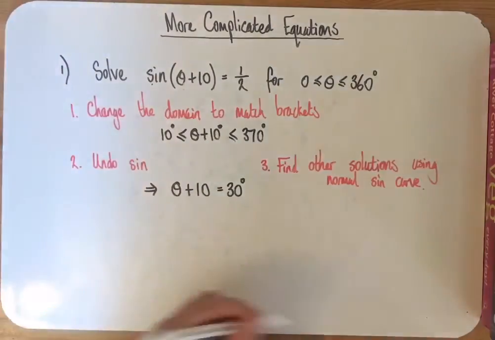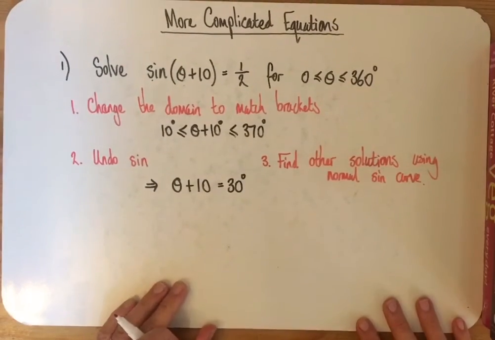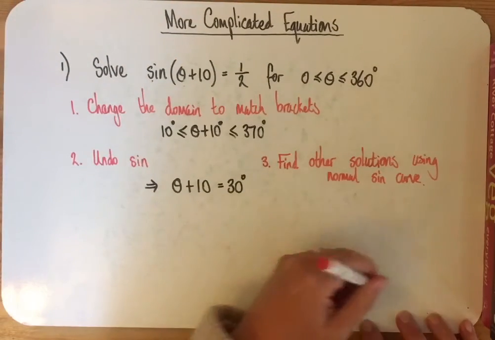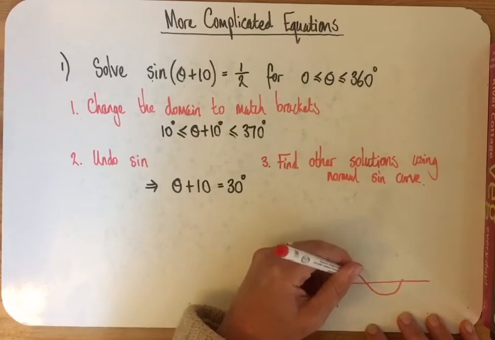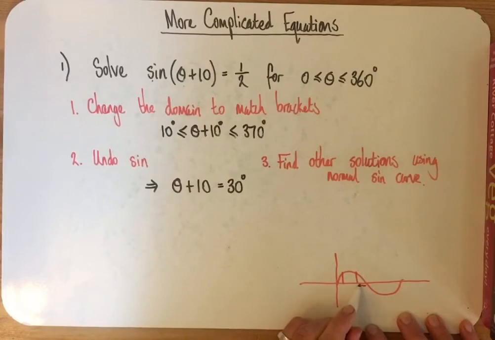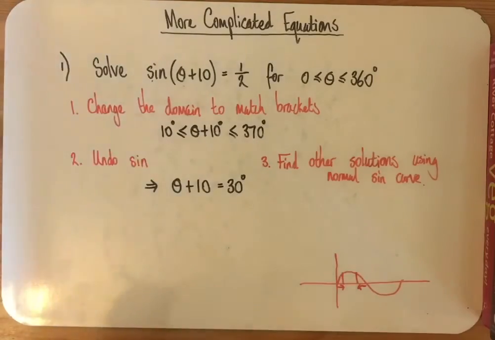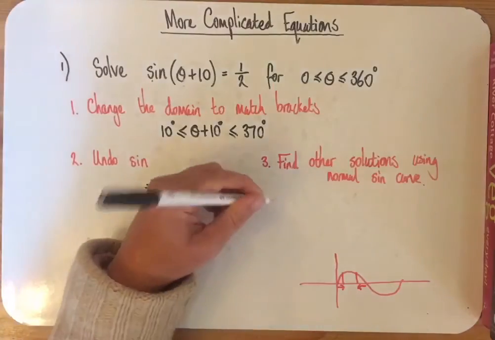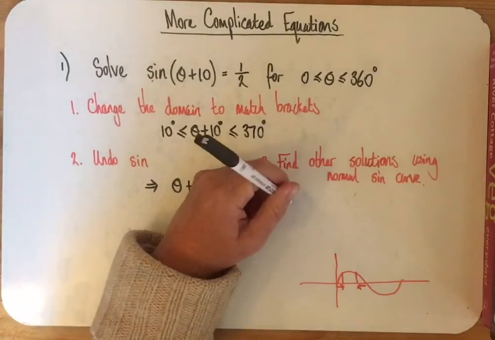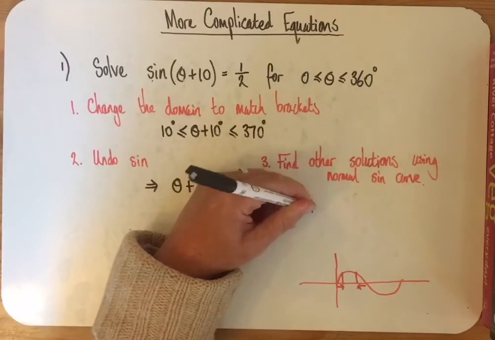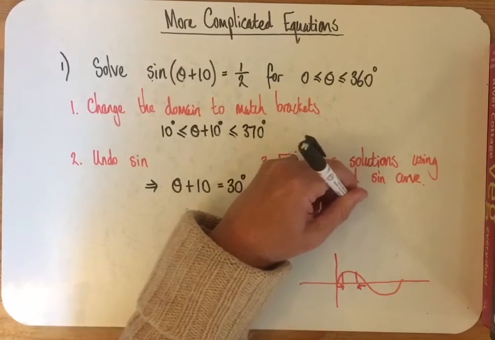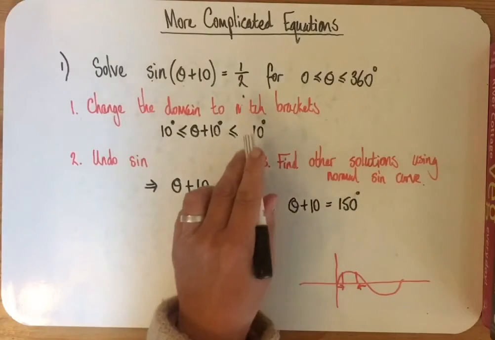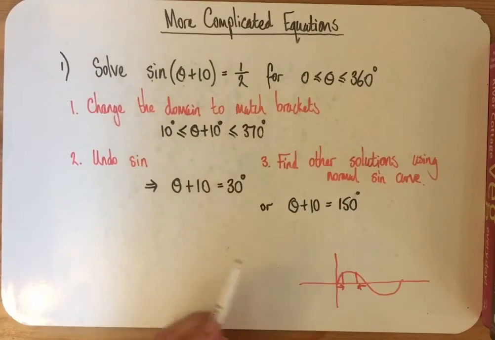So for this one, for my sine curve, if I've got one solution at 30, the other one will be at 180 minus 30, which is 150. And if you do sine 150, you will get a half. So sine of theta plus 10 will equal a half.